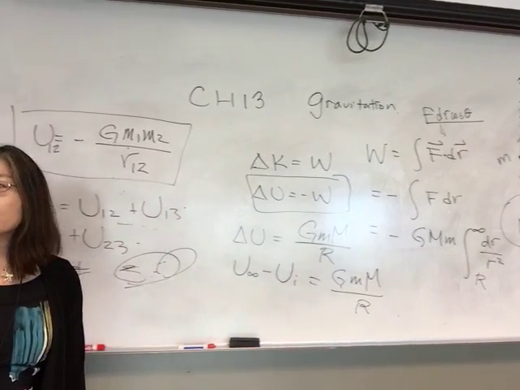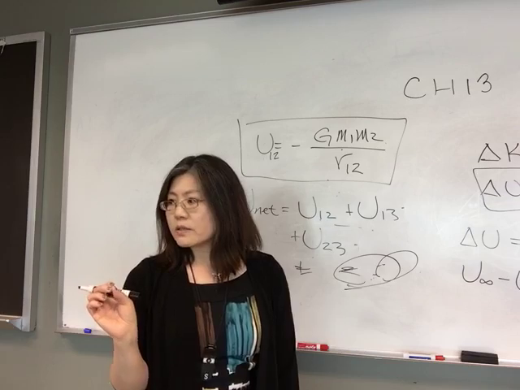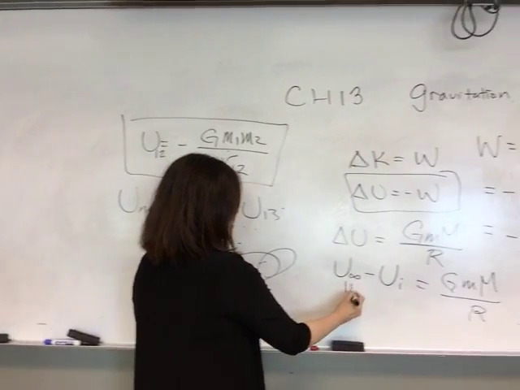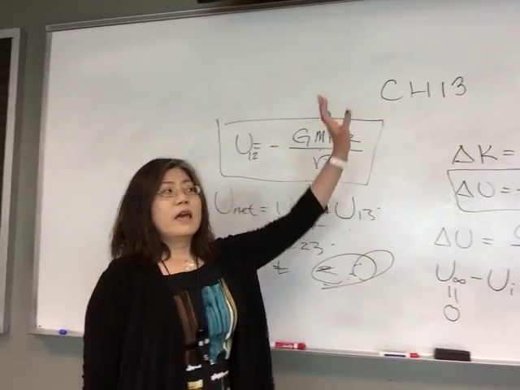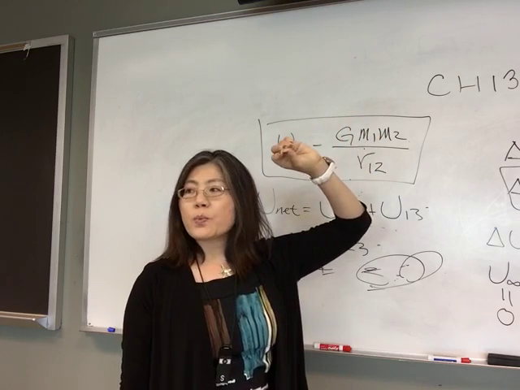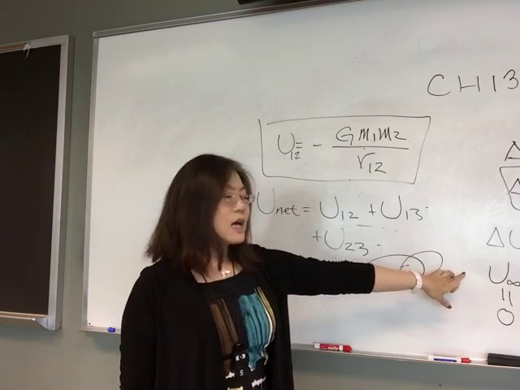Whenever we're dealing with potential energy, you have to choose a reference point. So here's what we're going to choose. We're going to choose this to be 0. In other words, at the edge of the universe, it has no gravitational potential energy whatsoever. So this term will be 0.